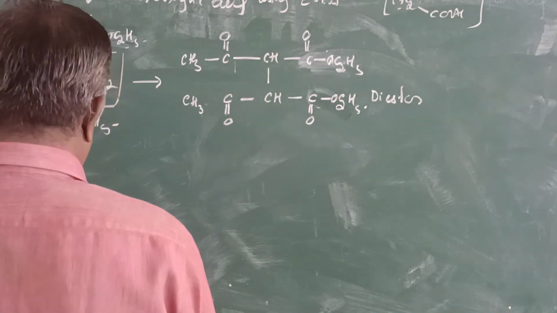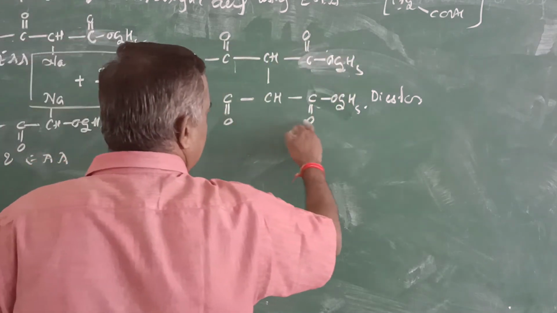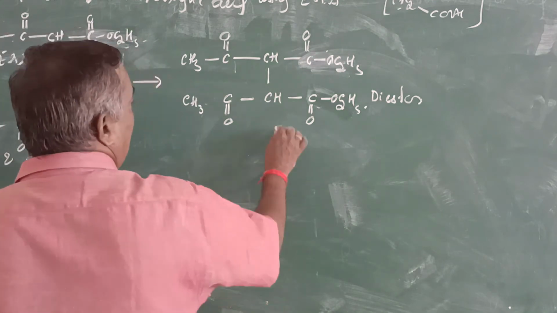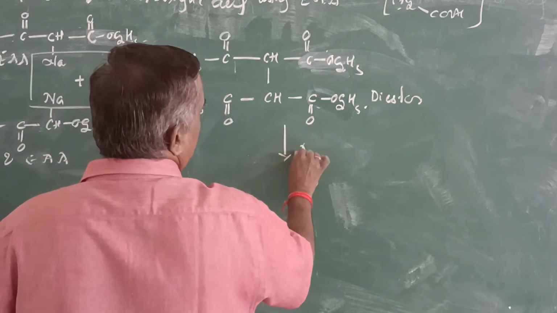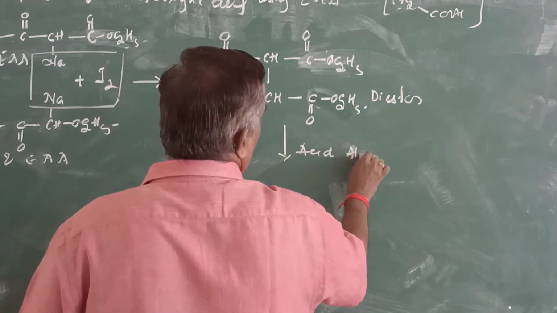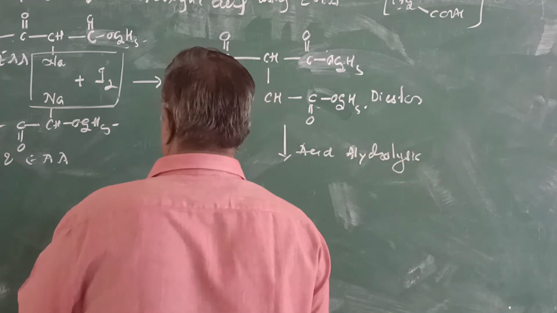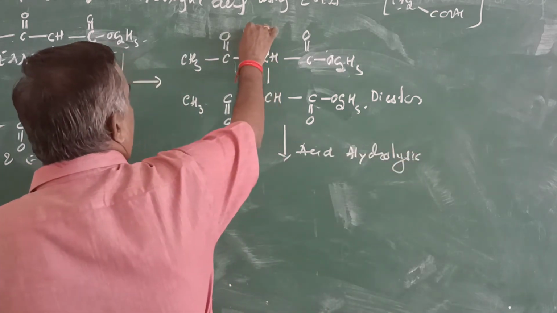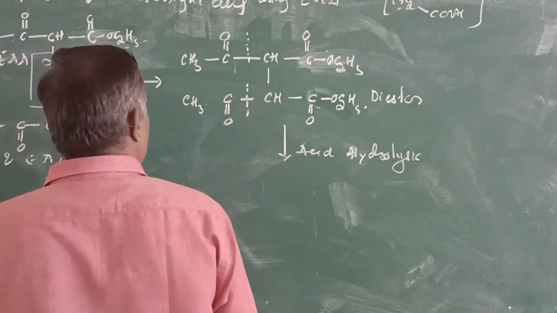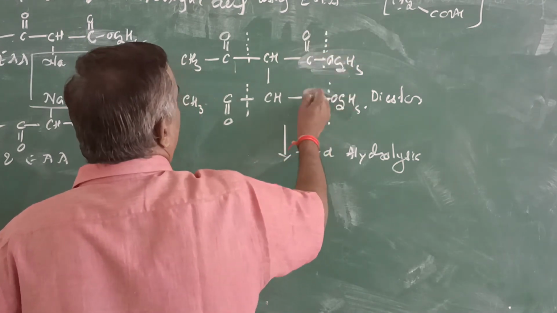So this diester molecule, containing an ethyl acetate unit here and an ethyl acetate unit here, is now allowed to undergo acid hydrolysis. We know hydrolysis is nothing but addition of a water molecule. So when you do so, this ruptures.